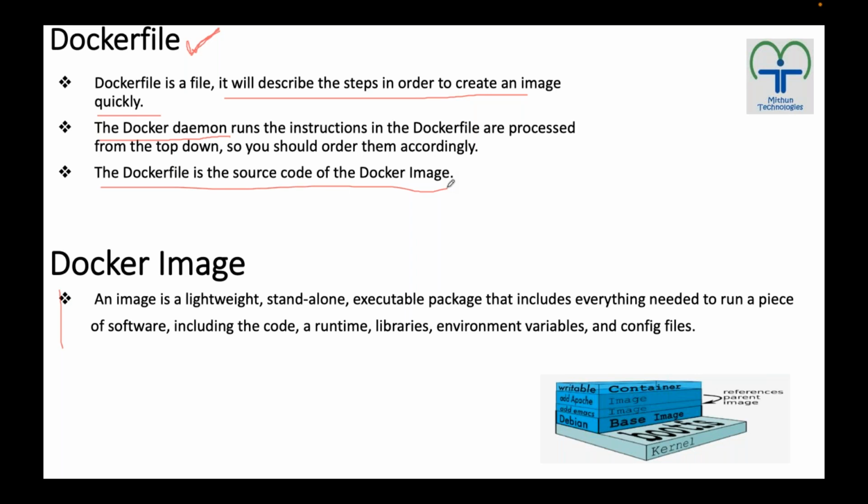Which means the Docker image is created using a Dockerfile. Now, if I just have an image, does it mean my application or my process will be running? If I just create a package, does it mean my application will be running?